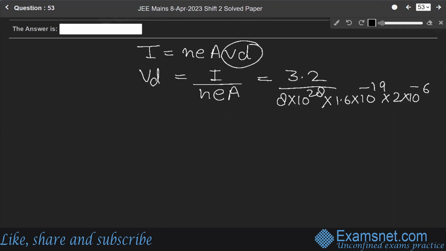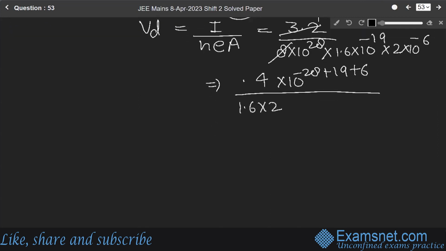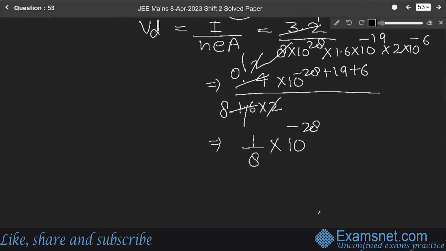Now solving it, we get 3.2 over 1.6 into 2 into 10 to the power 28 minus 19 minus 6, which is 1 by 8 into 10 to the power minus 28 plus 25.